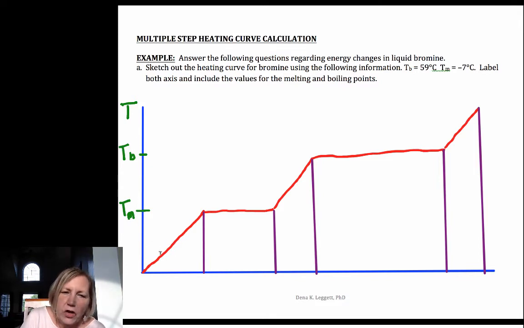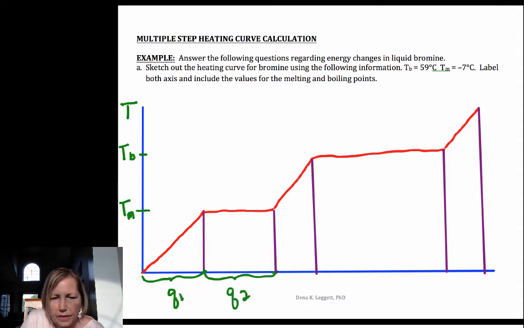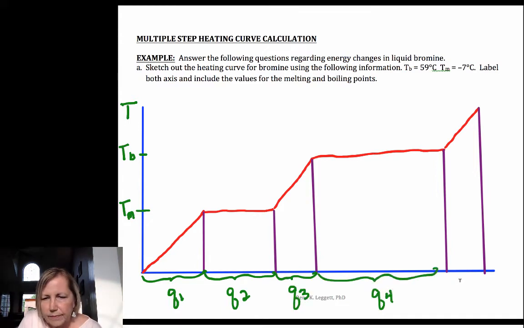Whenever I have, this is Q1, I'm just going to number them, Q2, Q3, Q4, and Q5. So there's 5 segments.